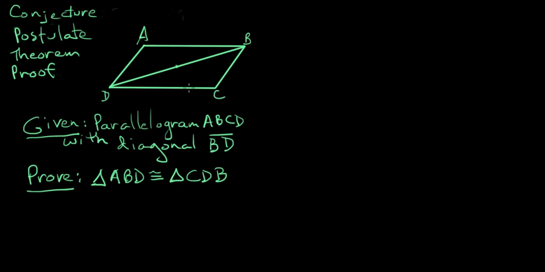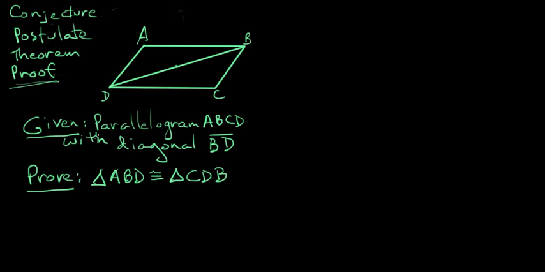This thing, by the way, is a parallelogram. So I think that I'm going to make a conjecture that this diagonal of this parallelogram splits the parallelogram into two congruent triangles. Now, if I prove that by writing a proof, then I might have a new theorem.